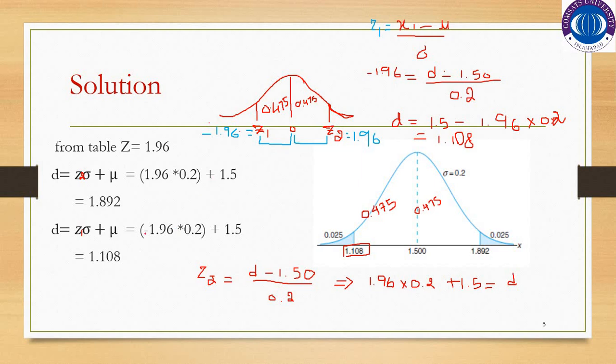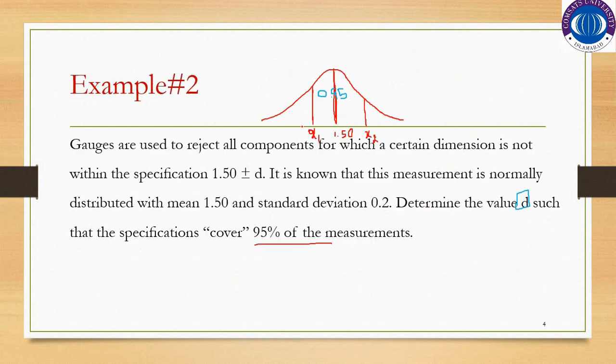So by simplifying this you will get 1.892. So we have found these two values, x1 and x2.